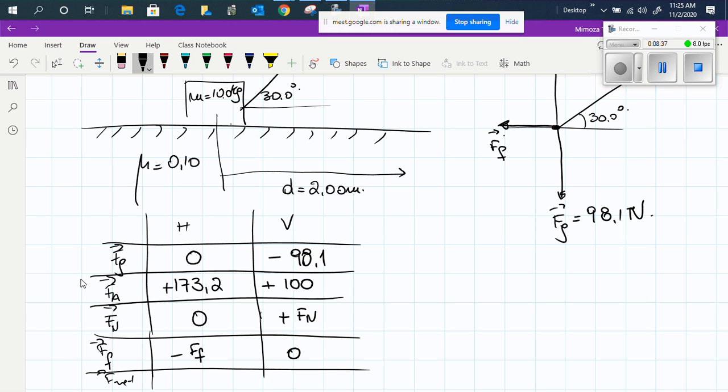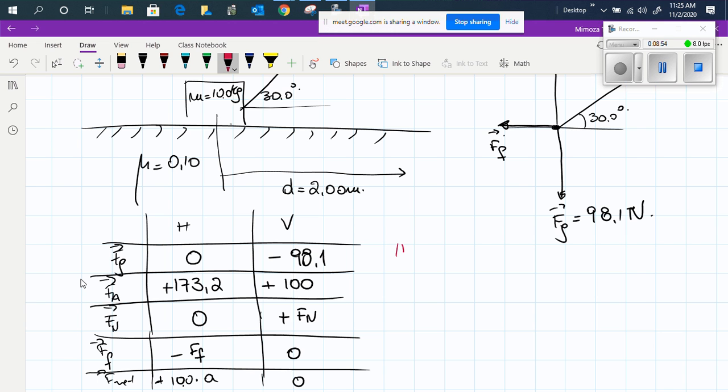And then since the object is moving along east, we can say that the force net is equal to 10 times acceleration, and the vertical is equal to 0.